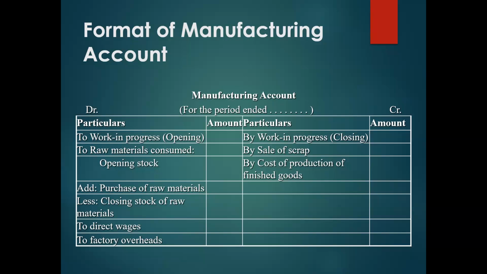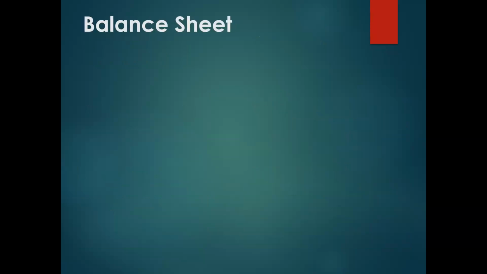Even in your exam, you may get hardly one small question about how to prepare a manufacturing account, or you may not get it at all. It depends on how the question paper is prepared. But you have to know how the manufacturing account is prepared, what comes in the debtor column and what comes in the creditor column.